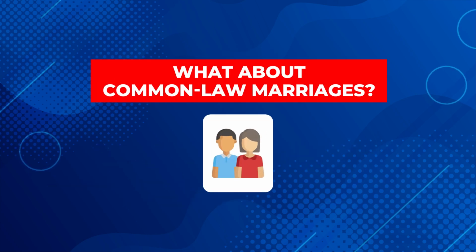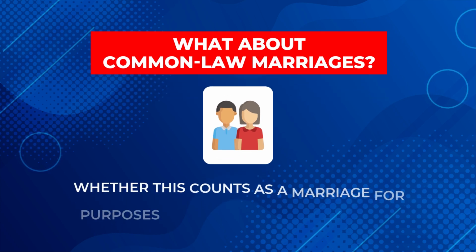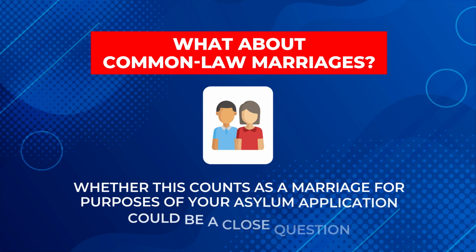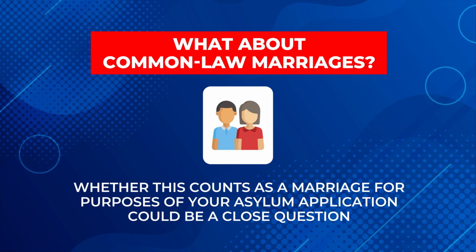But there are lots of people who haven't formally gotten married, but who carry on as married people tend to carry on, such as by living together for a long time and perhaps having kids together. Whether this counts as being married for purposes of US immigration matters depends on whether your own country legally considers this kind of common law marriage to be a legal, valid marriage, like whether your country considers you to be married under its own laws.